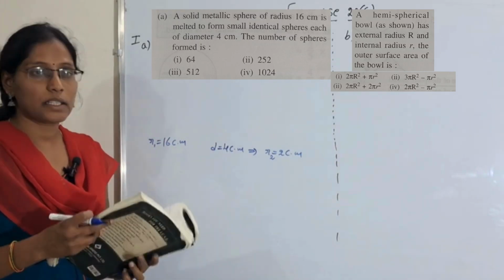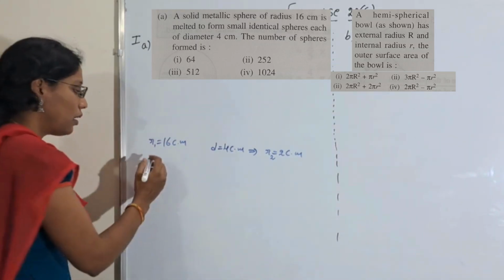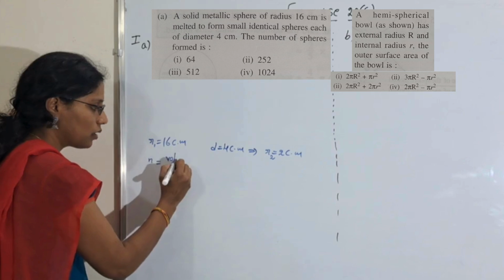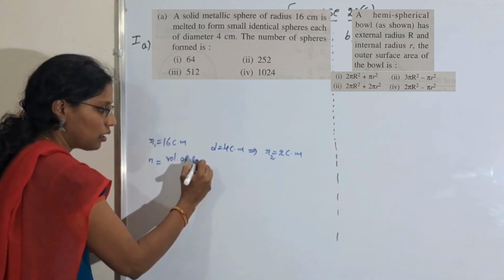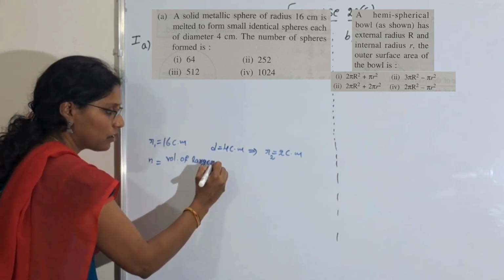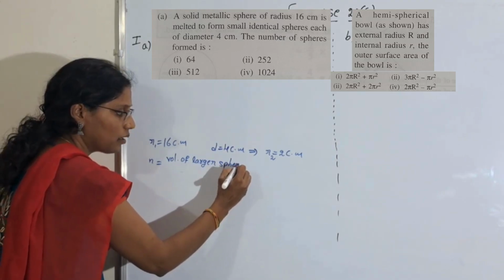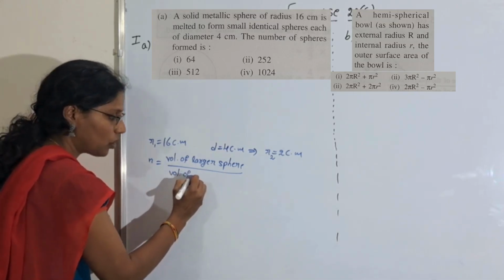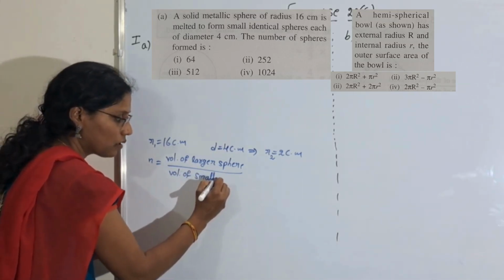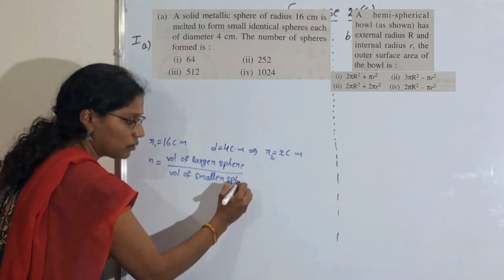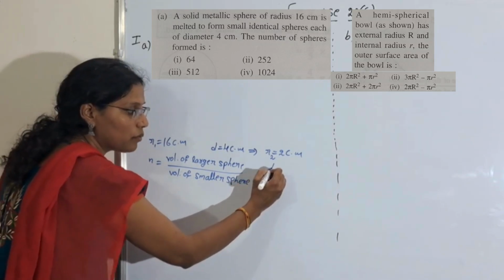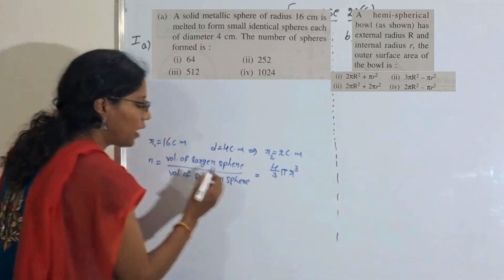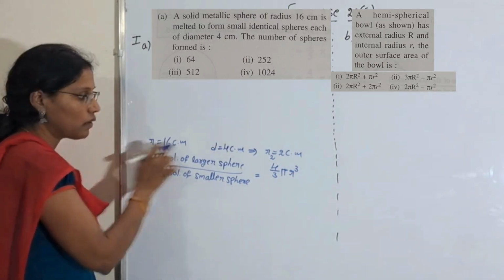The number of spheres we have to find out. N is equal to volume of larger sphere by volume of smaller sphere. What is the volume of the sphere formula? 4 by 3 pi r cube. But for difference we write R1 and R2.